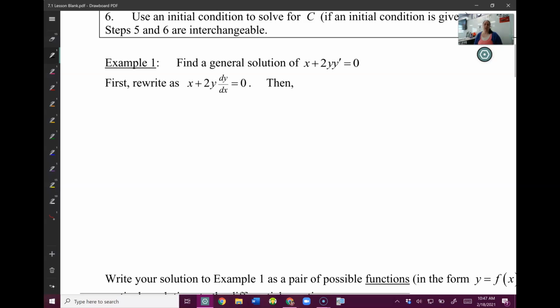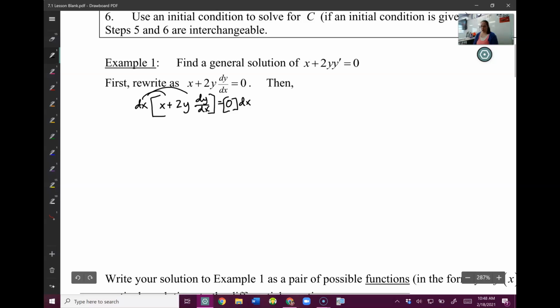I need to separate these variables, which means I need to have dy on one side and dx on the other side. So usually the best way to do that is to take your whole equation and multiply it by dx.